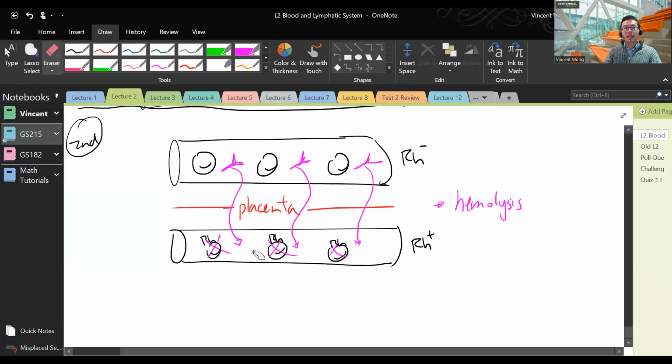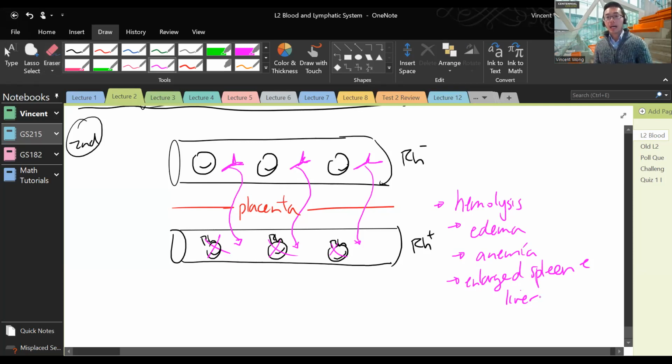So all these red cells are going to die. And that's going to lead to things like edema, anemia, and an enlarged spleen and liver, because that's where all the damaged red cells are going to be recycled. The entire set of symptoms, this group of disease, is collectively known as hemolytic disease of the newborn.